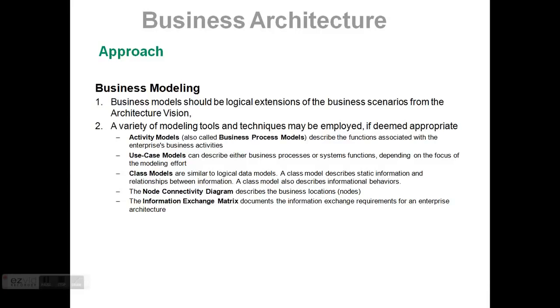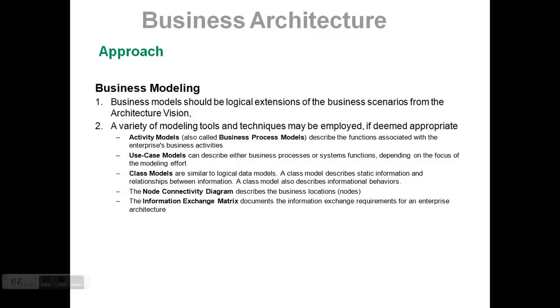A variety of modeling tools and techniques can be employed if deemed appropriate. For example, we can do activity modeling to describe the functions associated with the enterprise business activities, and the data and information exchange between activities, and with other activities that are outside the scope of the model.